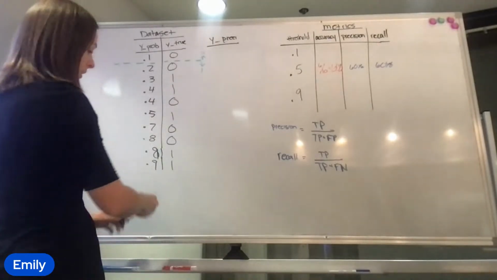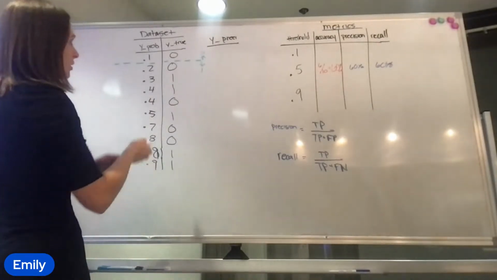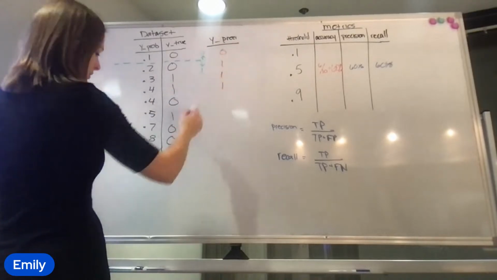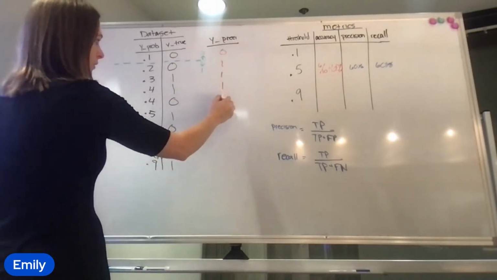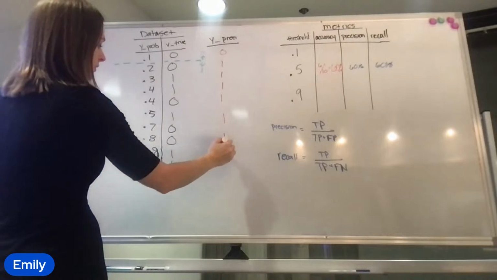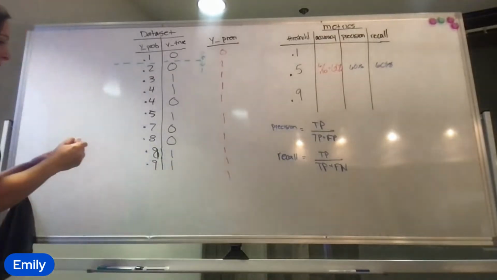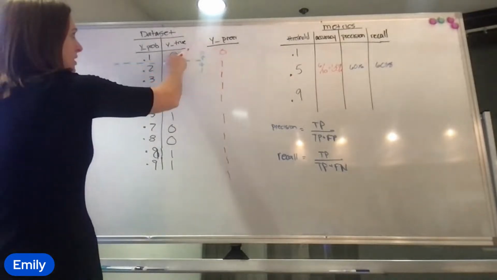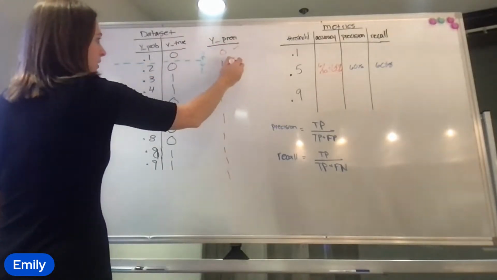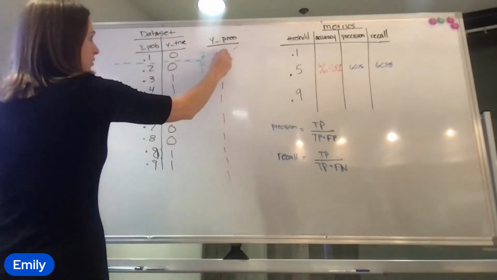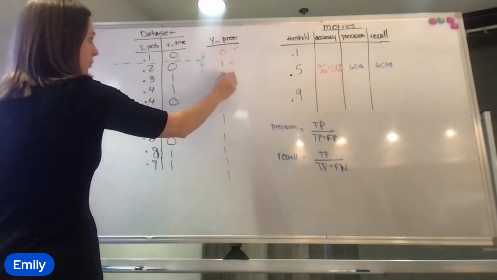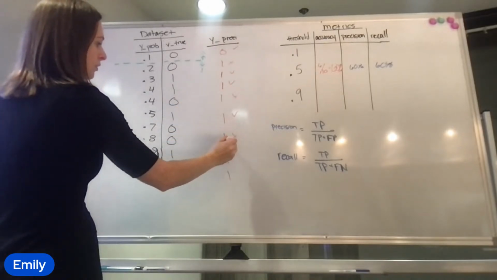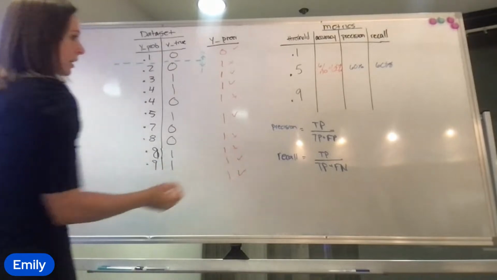So from a prediction perspective, here we predicted 0, and 1, 2, 3, 4, 5, 6, 7, 8, 9 times we predicted 1. So we predicted 0 and it was actually 0, so we got this one correct. But this was incorrect, correct, correct, incorrect, correct, incorrect, incorrect, correct, and correct.